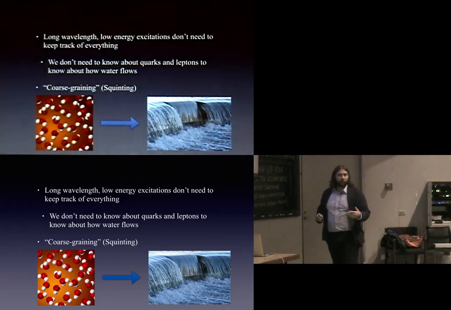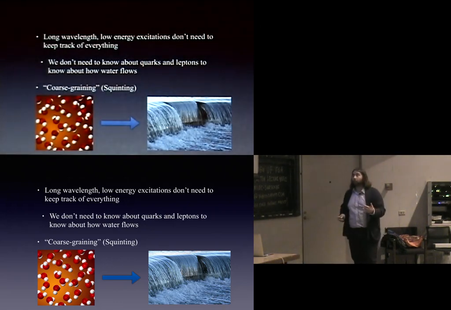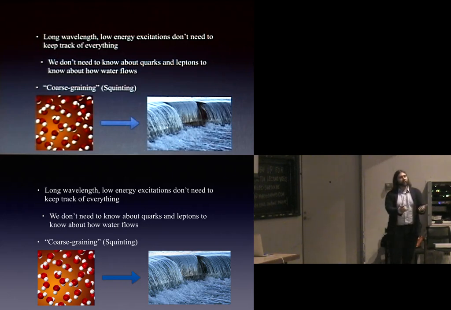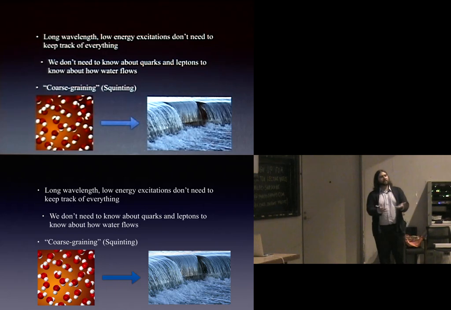So hopefully the point of that example was to make the idea that if you are studying long wavelength, low energy excitations, which is what you're looking at if I'm looking at simple DC conductance of a material, right? If it's DC conductance, everything is kind of moving together.